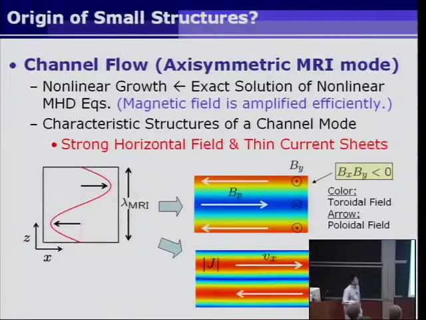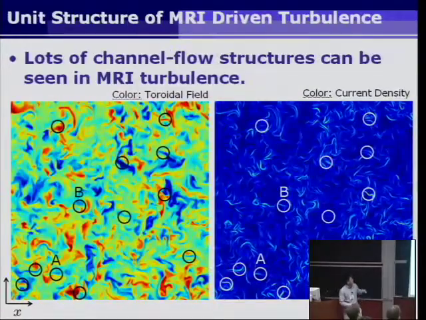So we searched for this kind of structure in this simulation result, and we found lots of similar channel flow-like structures. Here I only marked 12 locations, but I found more than 20.